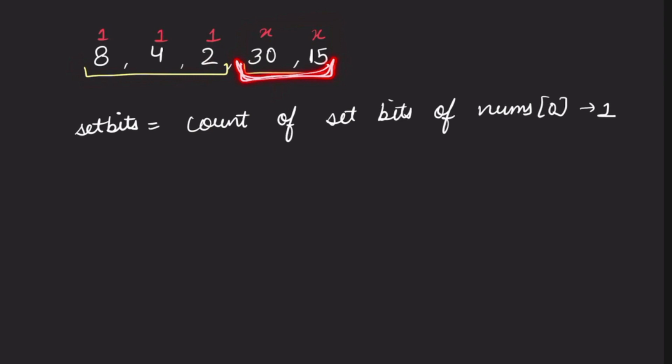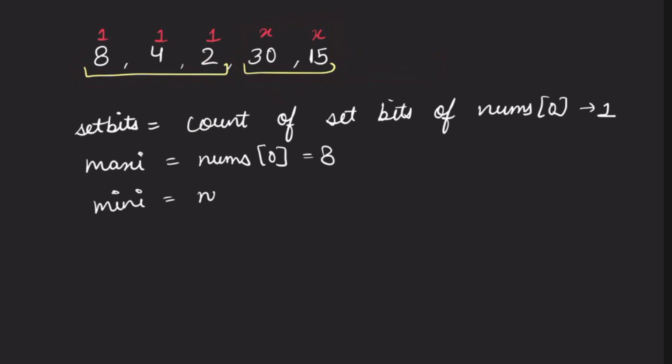Because when you move to the next segment, you need the maximum of the previous segment. So initially, we are considering only the first element. The maximum will be nums of 0, which is 8, and the minimum will also be nums of 0, which is also 8.